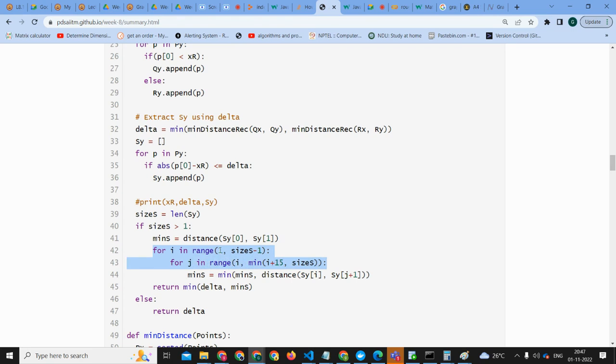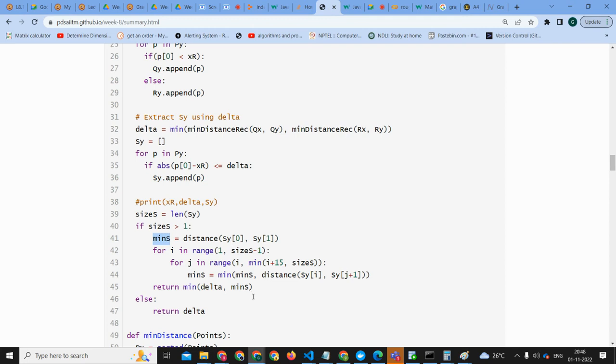So that is what is happening. Basically, we are taking one point and finding the minimum distance. We are returning the minimum of delta and min s, which is nothing but the minimum distance. We are comparing all the minimum distances.